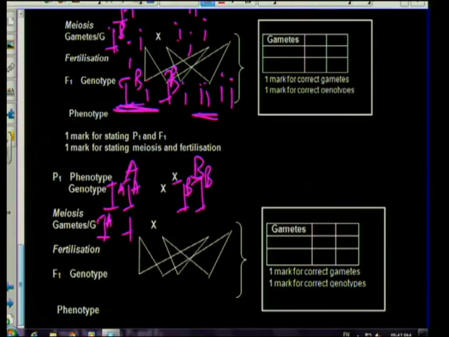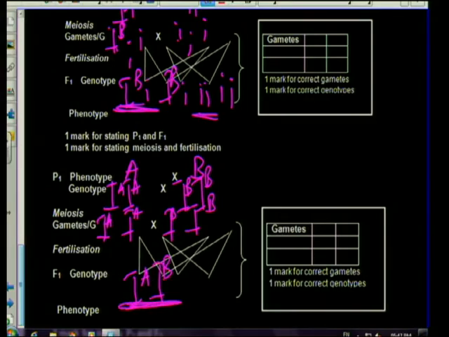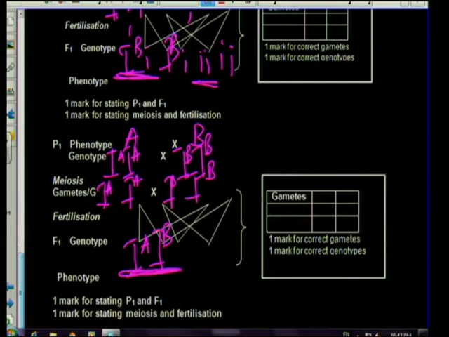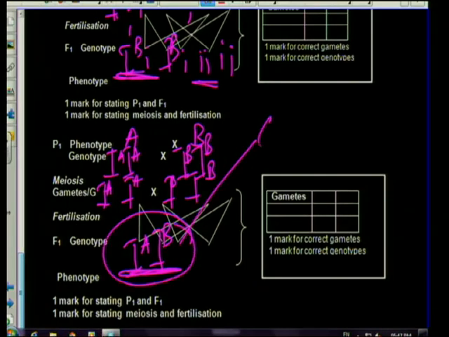I'm just showing homozygous because we've looked at other heterozygous examples already. Therefore, the answer will all be the same, IAIB. So the AB child can only belong to these parents, and that is where you can solve the problem. Remember, this is a classic example of co-dominance.